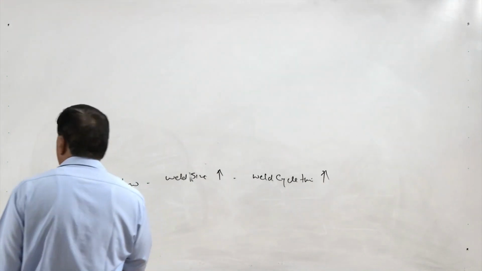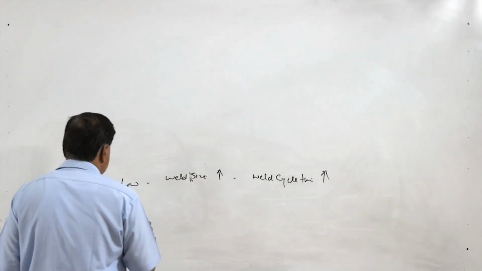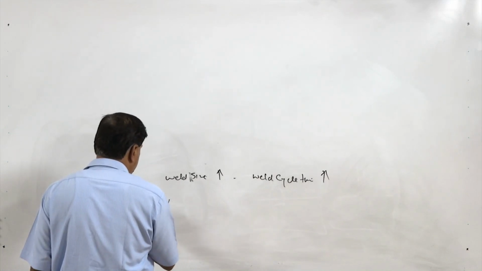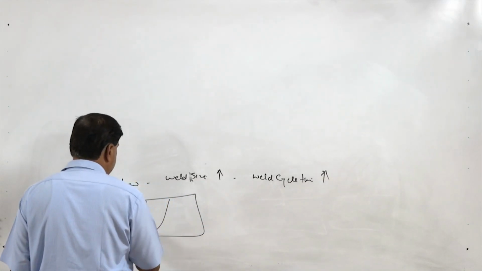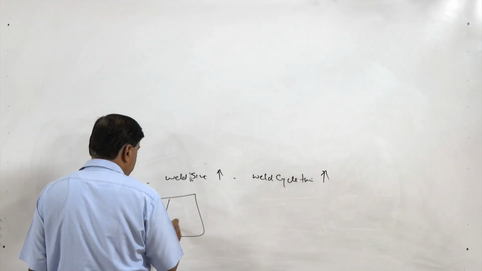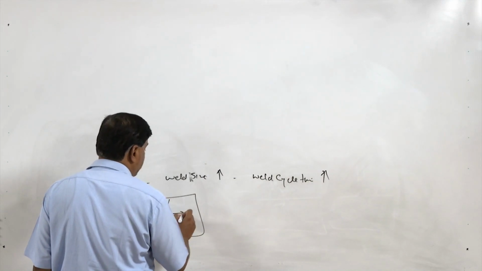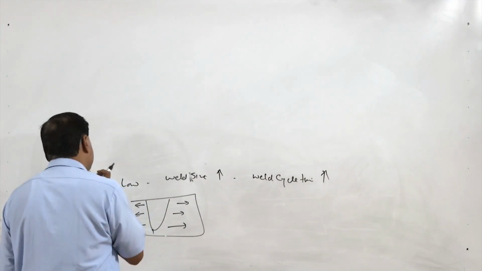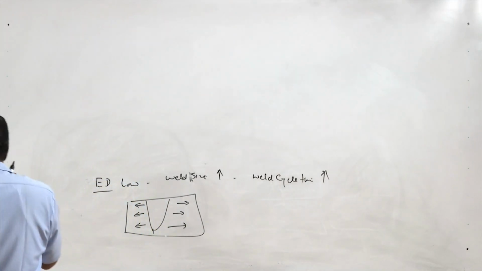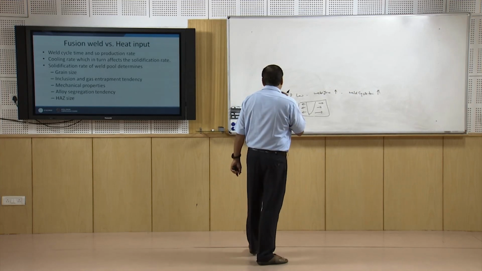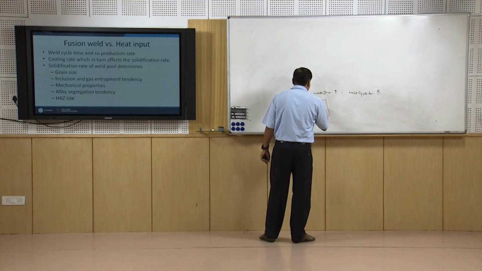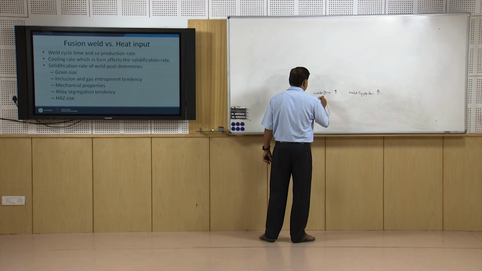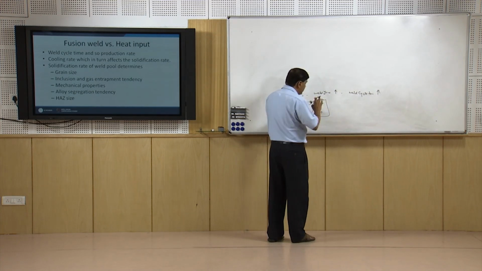This is one factor. Another is the weld pool size is big. When the energy density is low, the weld pool size is big, so a lot of heat is to be dissipated to the base metal. So the solidification time is large.